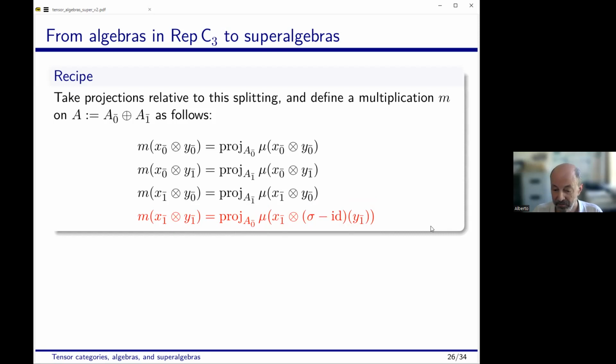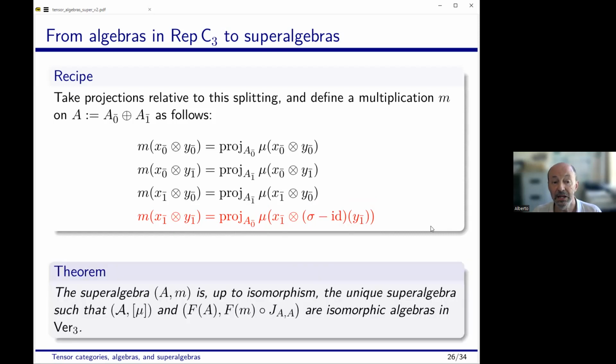So that's it. This superalgebra, because it is graded by the integers modulo 2, with this recipe to define the product, is the superalgebra that corresponds through this equivalence to the algebra in the Berlinde category. Okay.